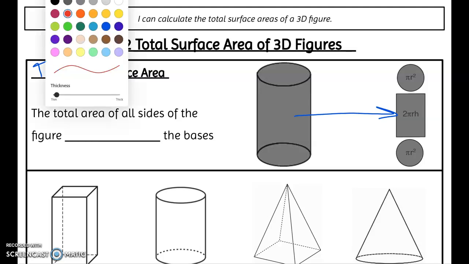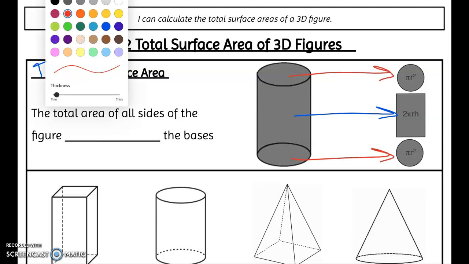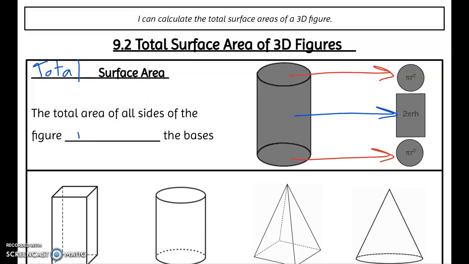But my total surface area also includes both bases. So we're going to find the area of all of my sides, including the bases. So, all sides.